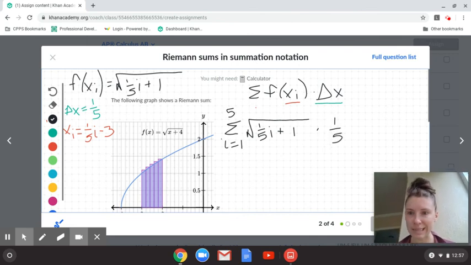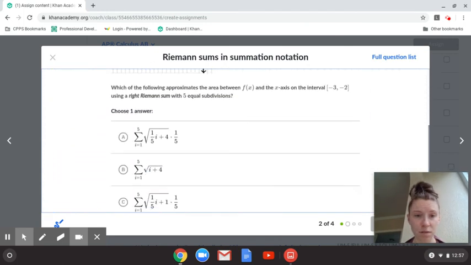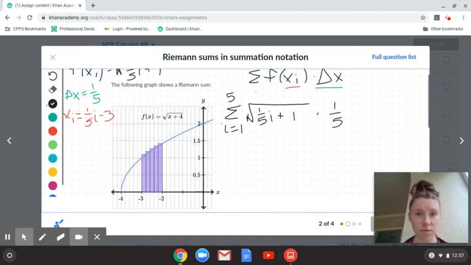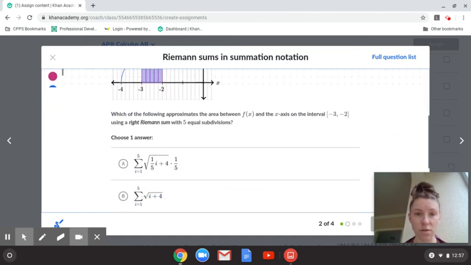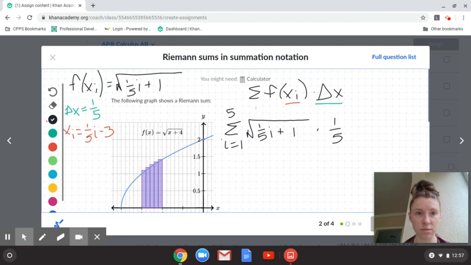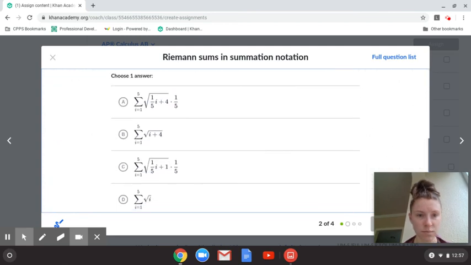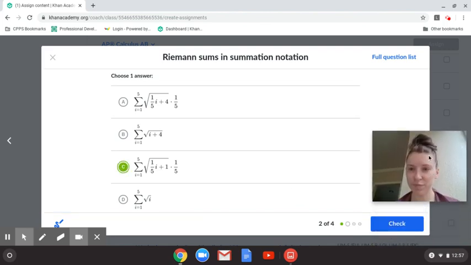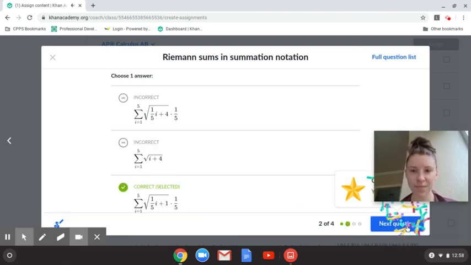Okay, let's see if that's an answer, because that is our full summation. That's our height, and that's our width. Square root of 1/5 I. So this one said +4. We want +1, right? Yeah, 1/5 I plus 1 times 1/5. I think that's it. Check. Yay!